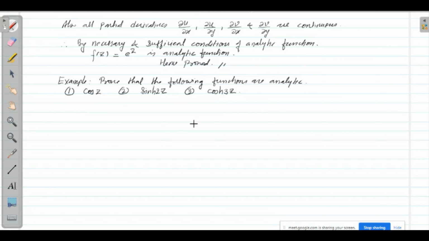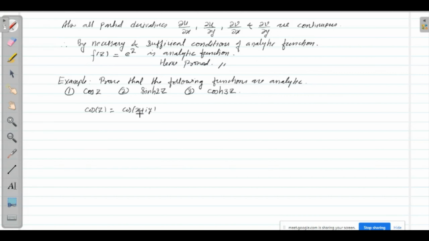These functions are analytic functions. So here what you have to do is just replace z by x plus iy and apply the formula. For the first problem, cos z, just replace it with cos of x plus iy.